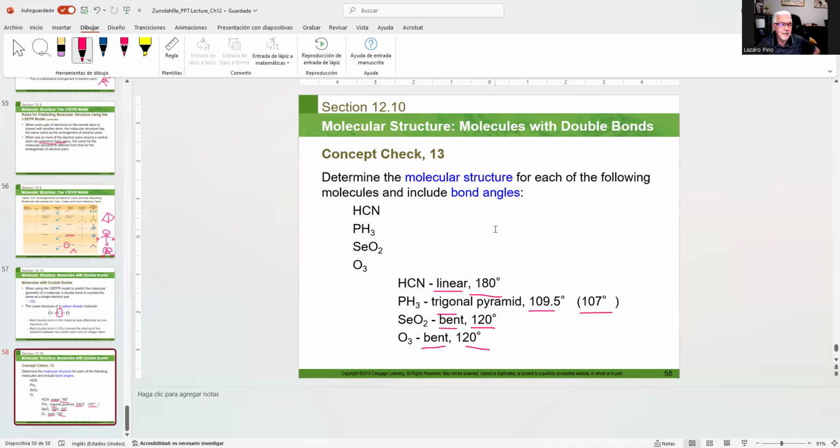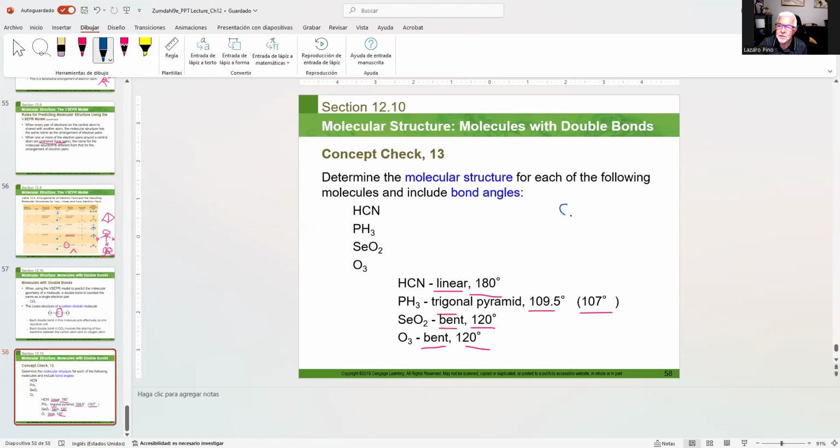You can find this in the book, where you can see, according to the lone pairs and the total electron groups around the central atom, whether the molecule is linear, trigonal planar, or tetrahedral. Just one example, look at this.